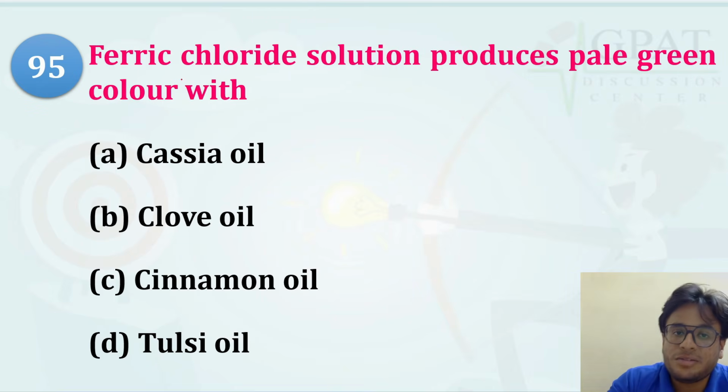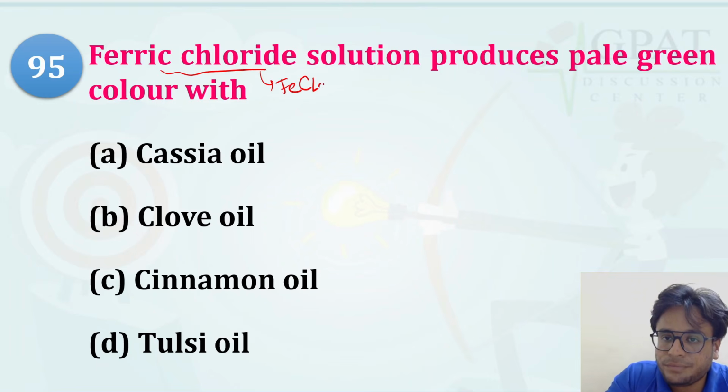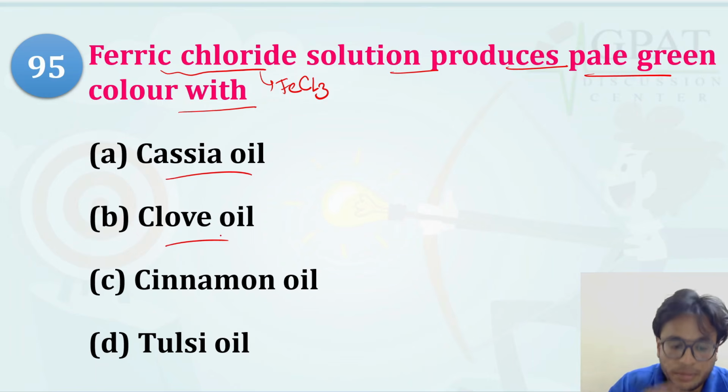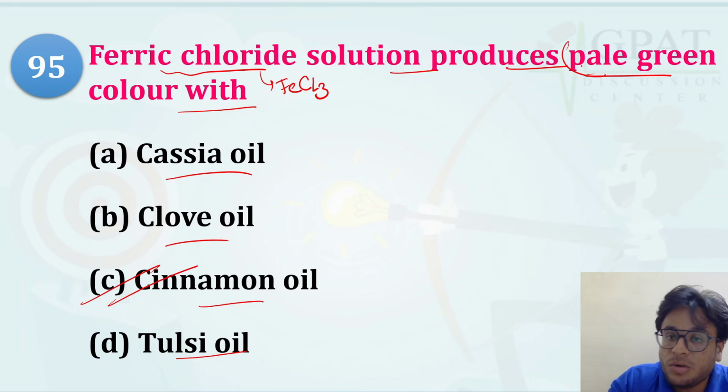Coming towards our next question: the ferric chloride, FeCl3, solution produces a pale yellow green color in the presence of cassia oil, clove oil, cinnamon oil, or tulsi oil. The cinnamon oil will mainly give a pale yellow color in the presence of ferric chloride.